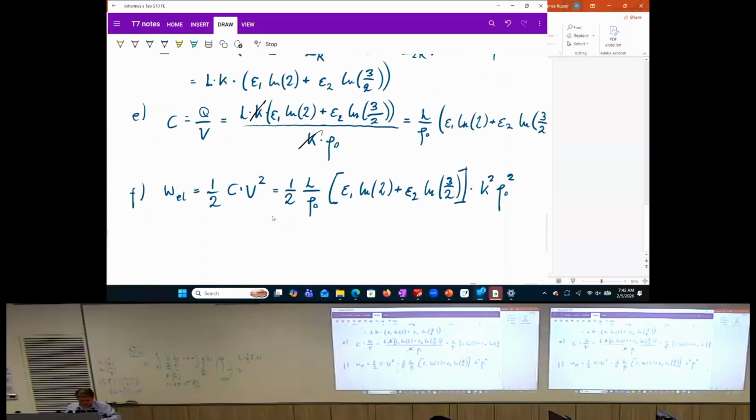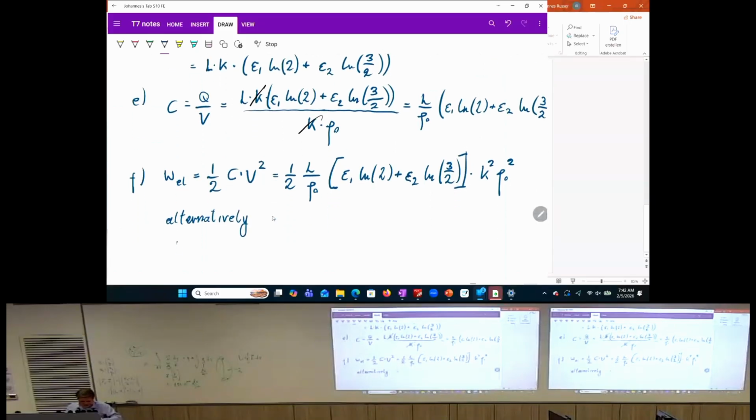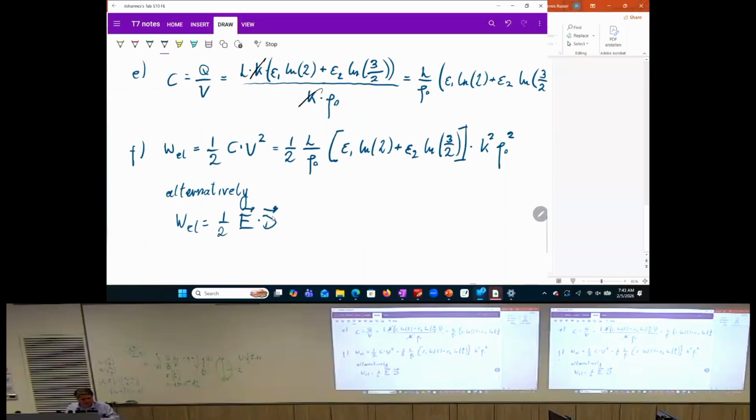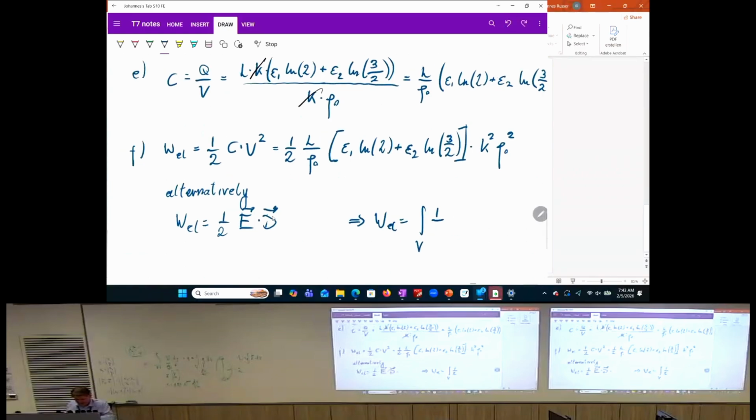Or alternatively, we can also give the electric energy as 1/2 electric field times the flux density. For that purpose, we would have to integrate the electric field over the volume. Sorry, this is a density.